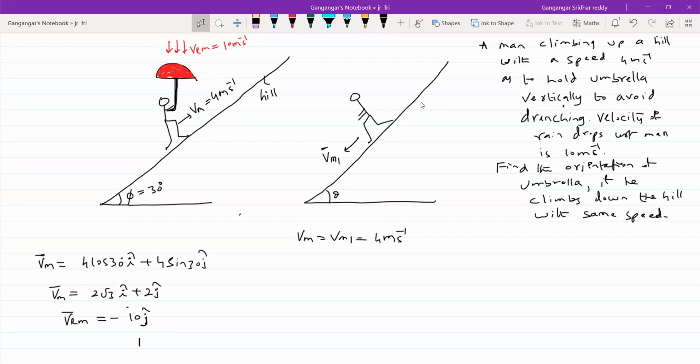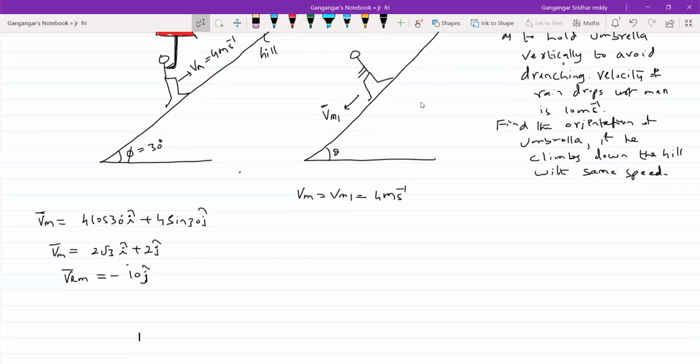Can we calculate VR bar? Yes, it will be quite easy. VRM bar is equal to VR bar minus VM bar. VR bar, the velocity of rain with respect to ground, is what is needed. So minus 10 j cap equals VR bar minus of 2 root 3 i cap plus 2 j cap.